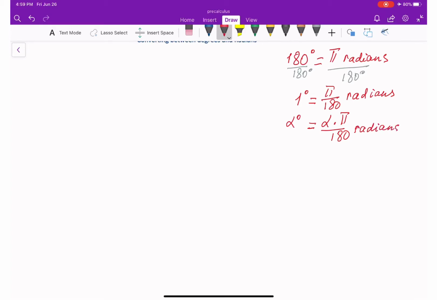Which means you are taking alpha and multiplying by pi over 180. Okay, this is the very important formula for conversion. So let's practice this and then I'll do radians to degrees.